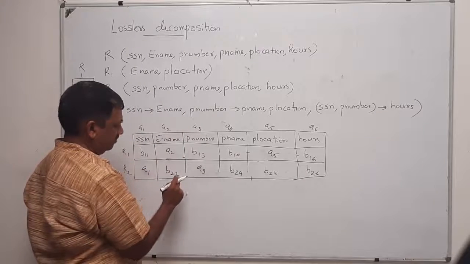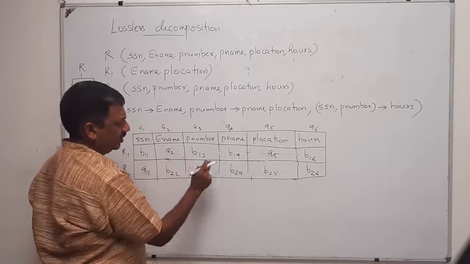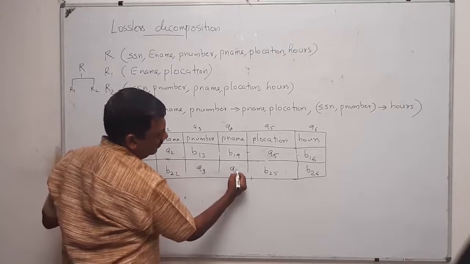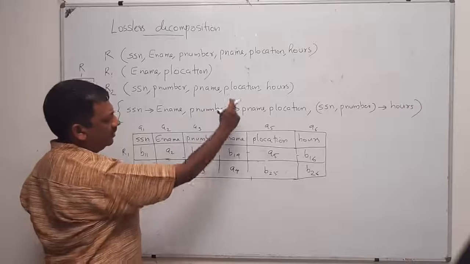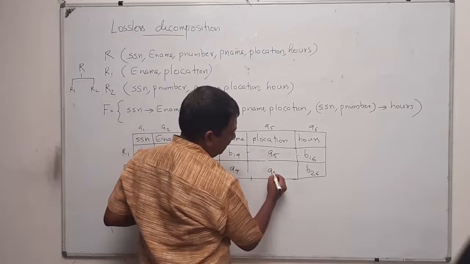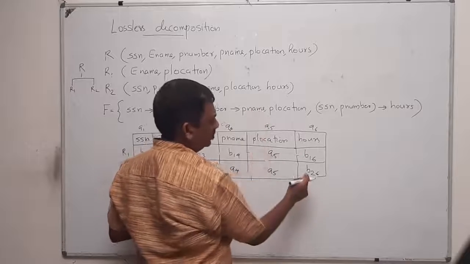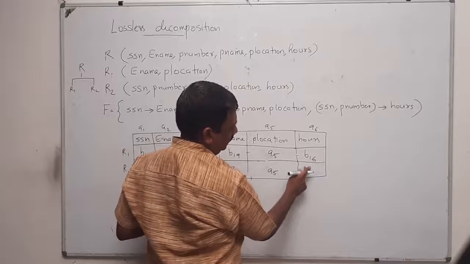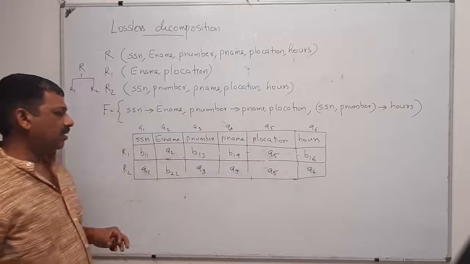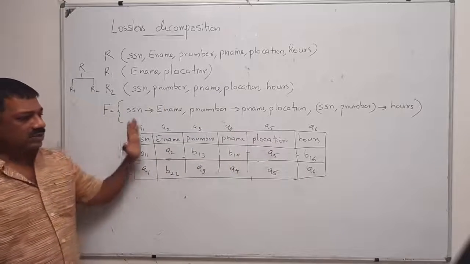Then P name is this one, so I have replaced that with A4. P location is A5 and hours is A6.